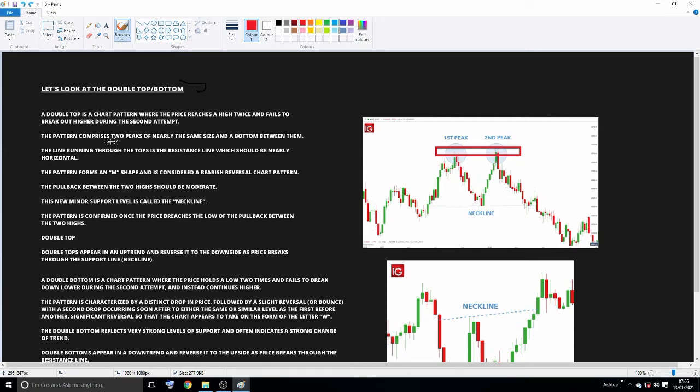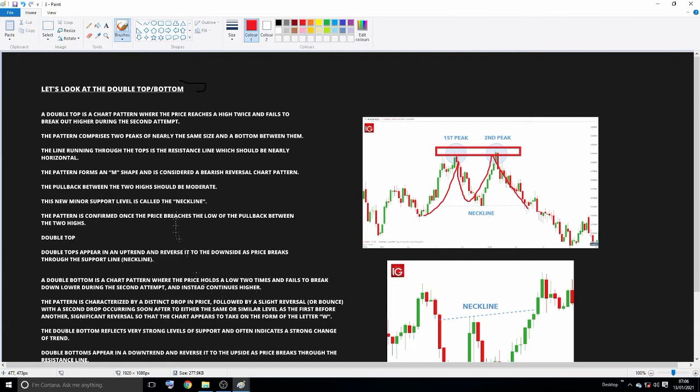The pattern comprises two peaks of nearly the same size and a bottom between them. The line running through the tops is the resistance line, which should be nearly horizontal. The price pattern forms an M, as you can see, 1, 2.